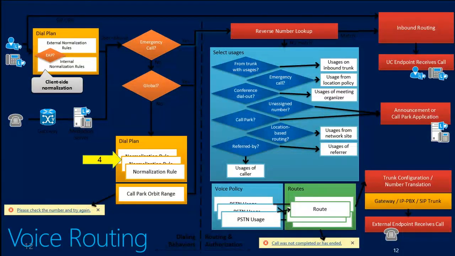So the number 4 step is, if it's not a global number, let's check whether it's normalized or no. If you put 1-800-flowers on your Lync client, I don't know how many of you have checked it, it's going to automatically convert that to digits, right?